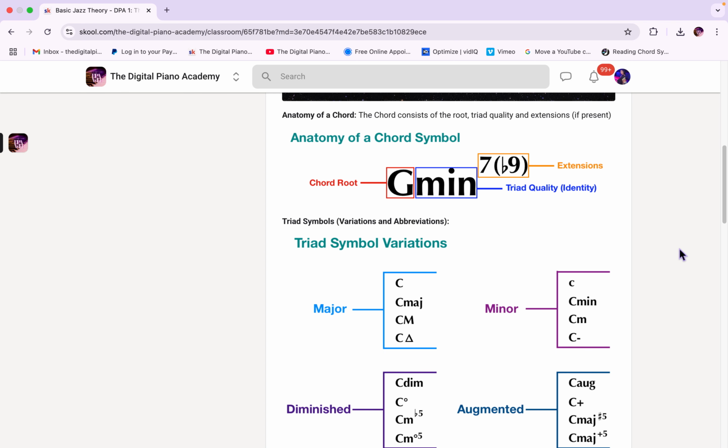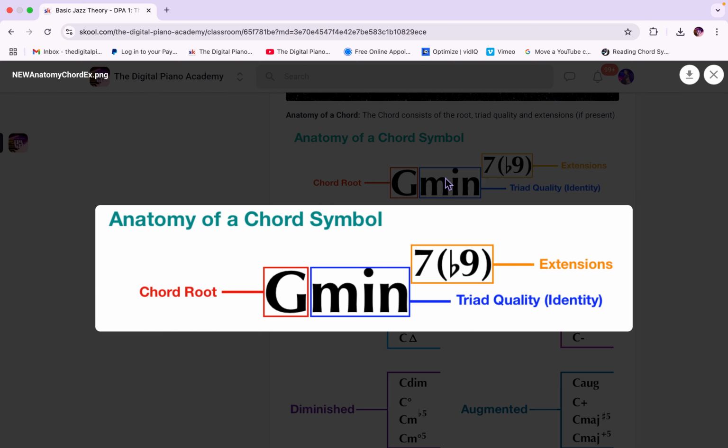So let's start off with the anatomy of a chord. The chord consists of the root, the triad quality, and its extensions if they're present. Usually what you will typically see is the root of the chord, or the name of the chord, I would like to call it. Then you would have the quality of the chord, so it could be minor, major, augmented, or diminished.